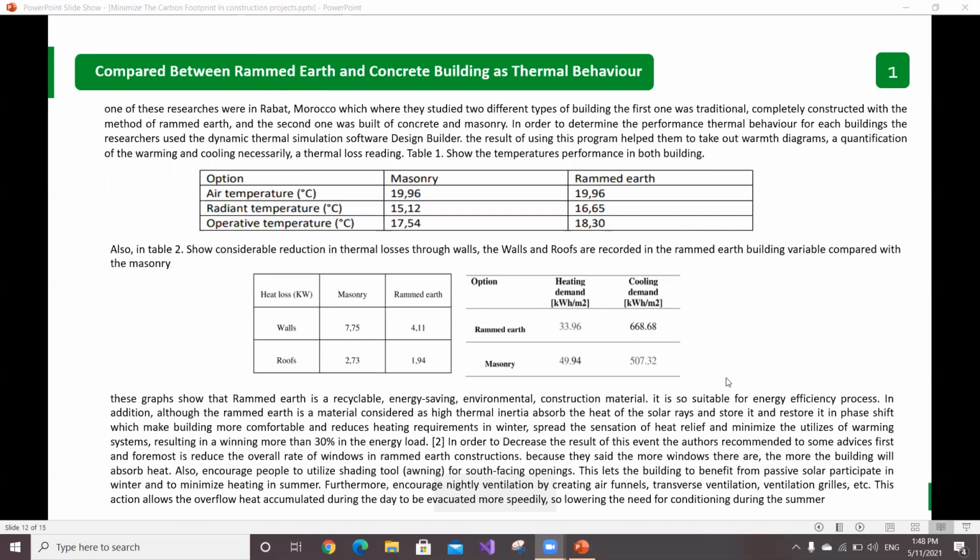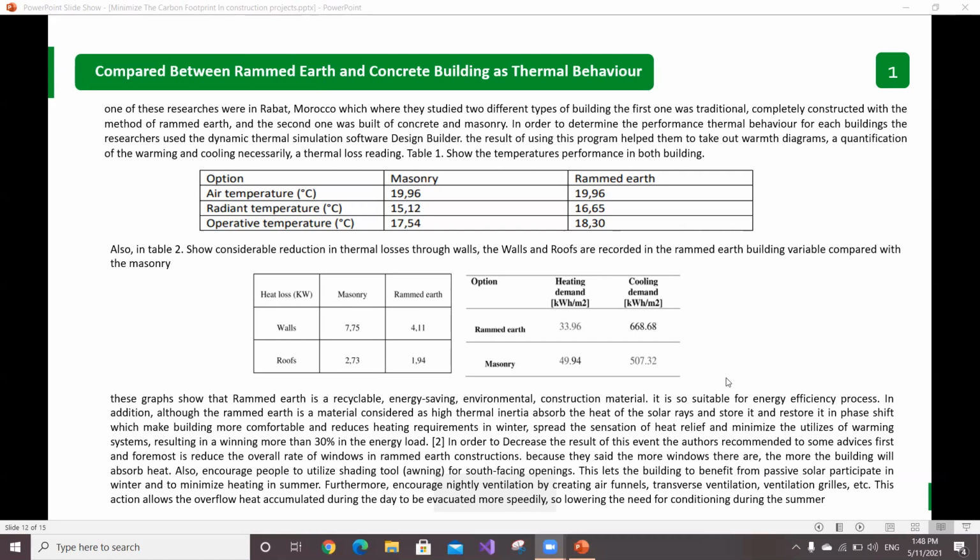When we look at rammed earth, we also look at the thermal behavior of the building. I wanted to make a comparison between rammed earth itself and a concrete building. We found that rammed earth is better than a concrete building, according to a study made in Morocco.